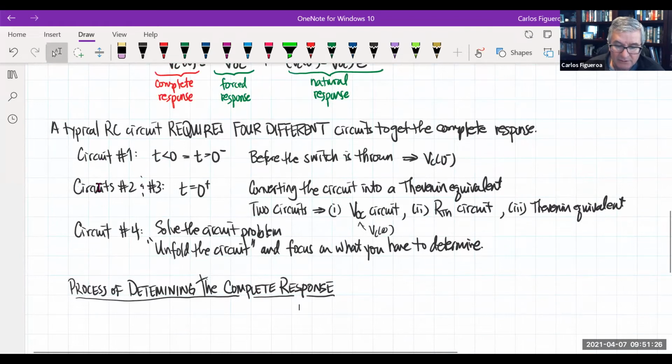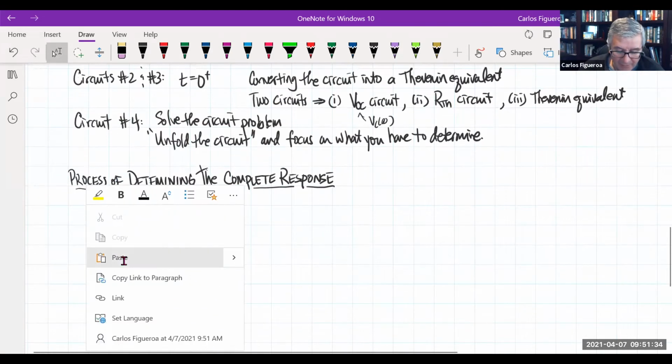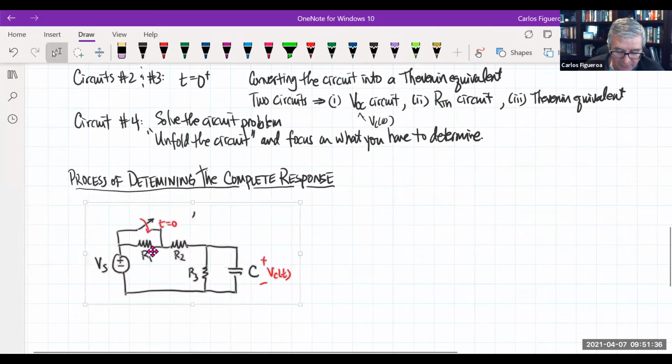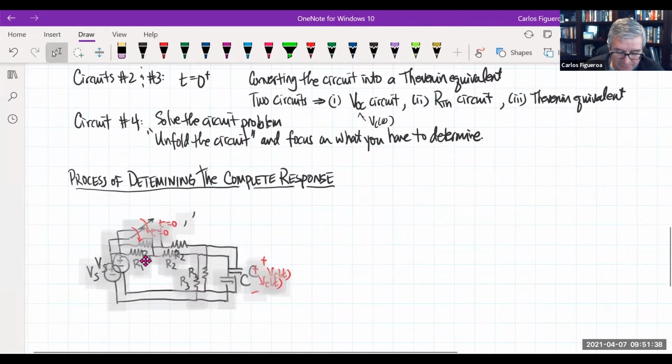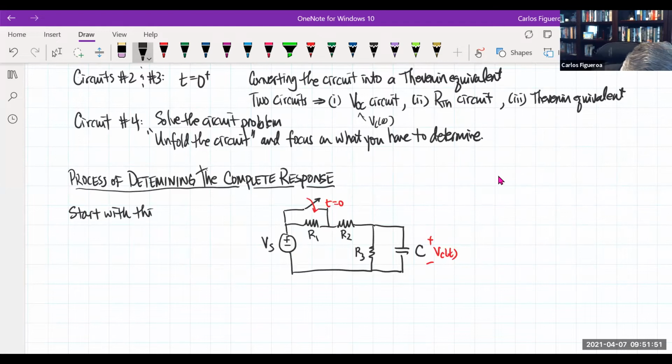Circuit 1 and 2, and then circuit 4. But we're not going to do circuit 4. So here I go. I'm going to start off with this circuit right here.